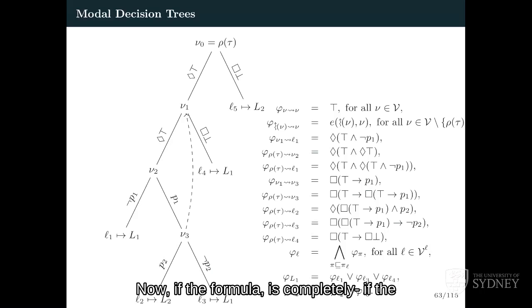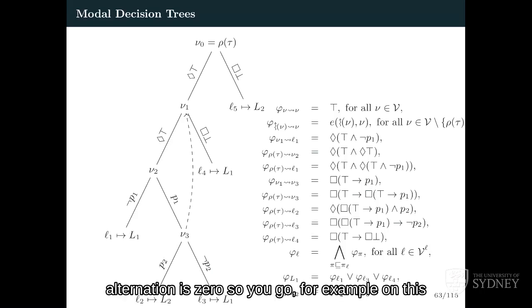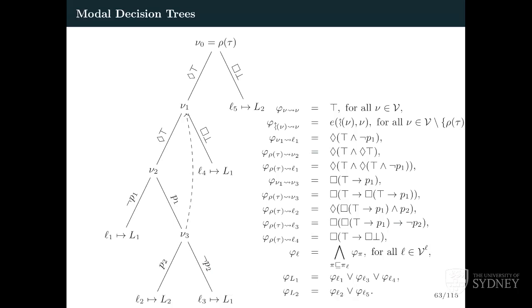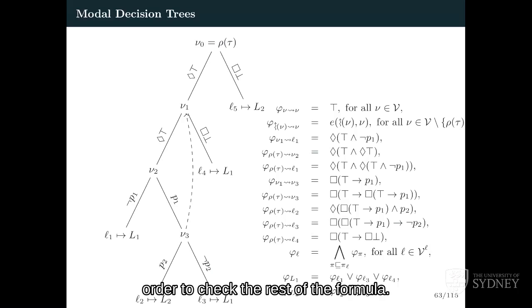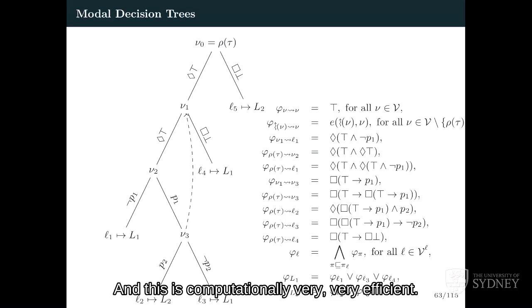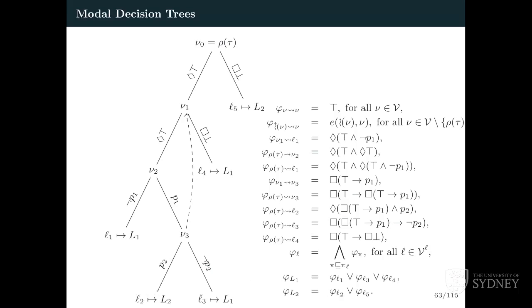Now, if the alternation is 0, so you go, for example, on this side, then what happens is that you only have to keep track of one set of worlds at every time in order to check the rest of the formula. And this is computationally very, very efficient.